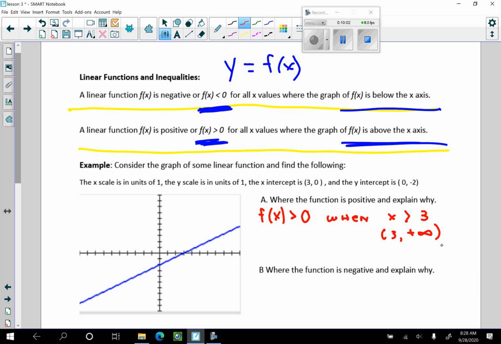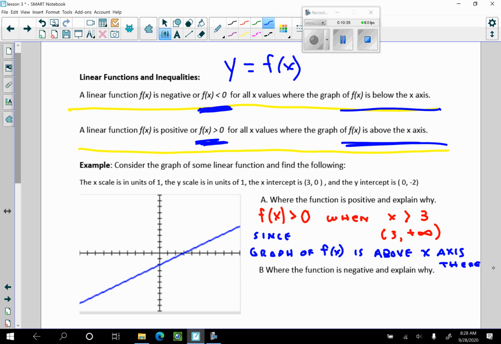That's where y, since the graph of f of x is above the x-axis. It seems like a very simple explanation, but it is an explanation nonetheless, and a correct explanation.